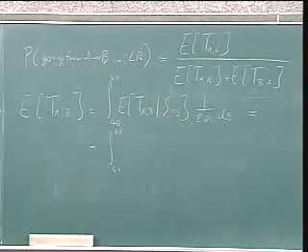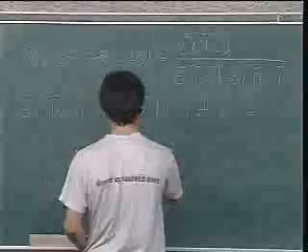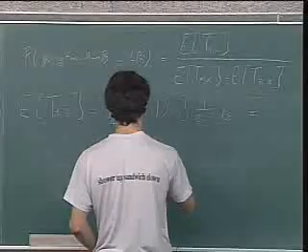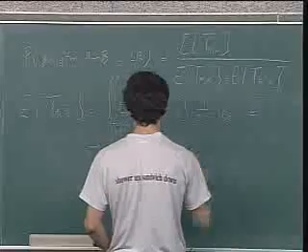It doesn't matter what it is. So this would be d over s times 1 over 20 ds.